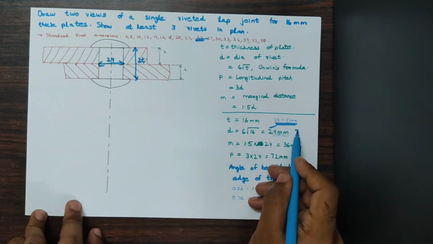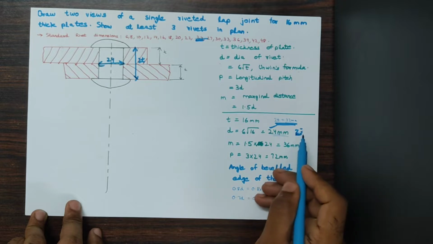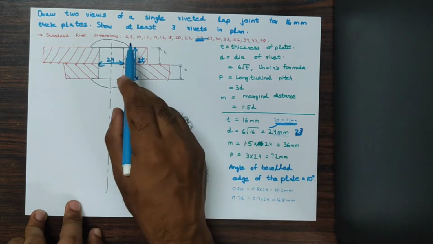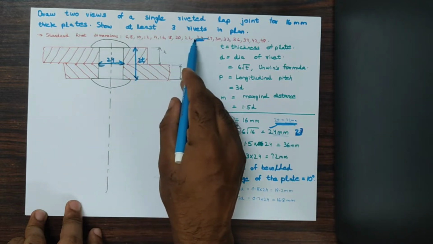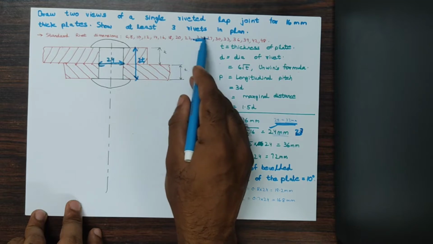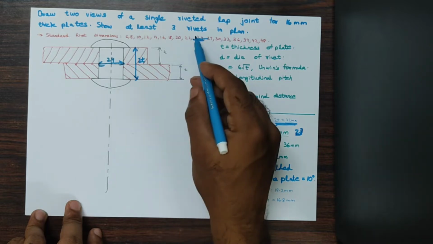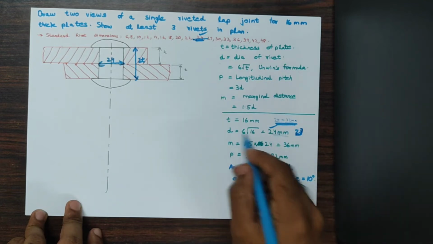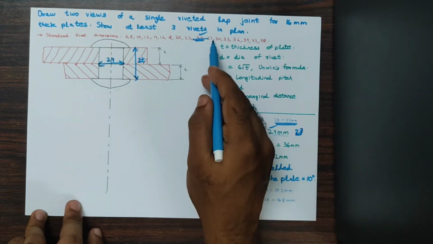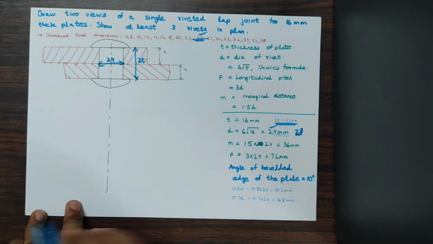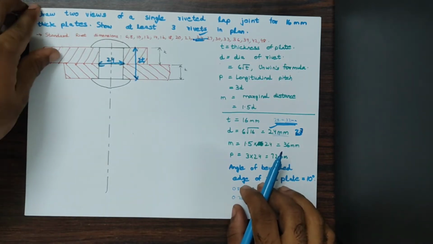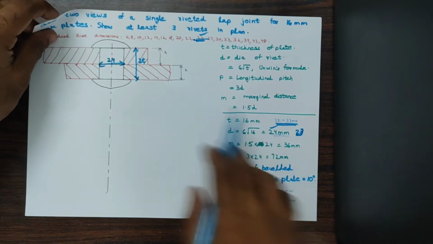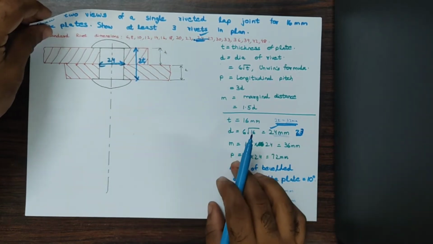Suppose I am getting it as 23, then when I look at the chart I cannot find this 23. So I will be selecting the next highest dimension, so I will be selecting 24. So after finding the diameter, you have to standardize the value of diameter, and with the diameter and the height we are going to draw the rivet.